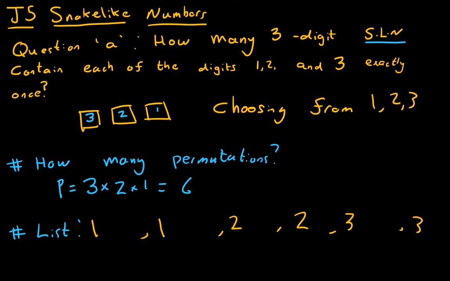Now, with 1 first, we've got 2 and 3 to choose from: 2, 3 and 3, 2. Starting with 2, we've got 1 and 3 to choose from. Starting with 3, we've got 1 and 2 to choose from: 3, 1, 2 and 2, 1.